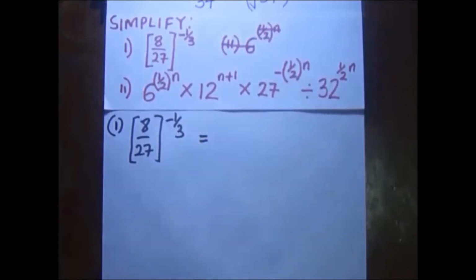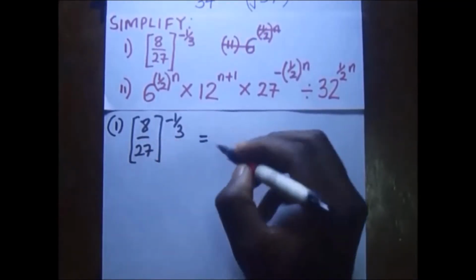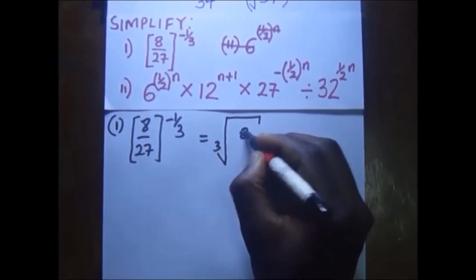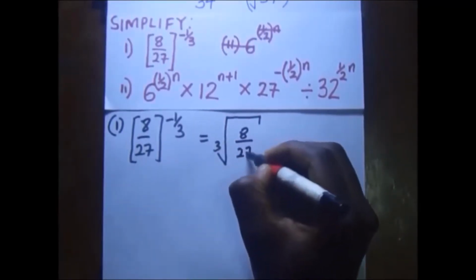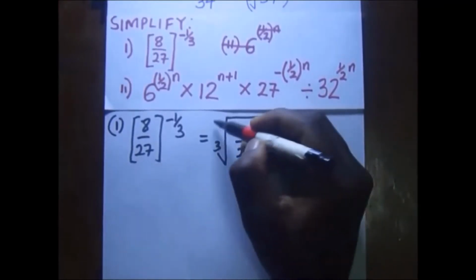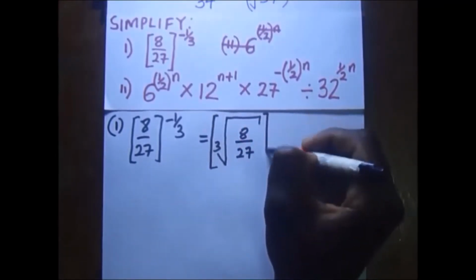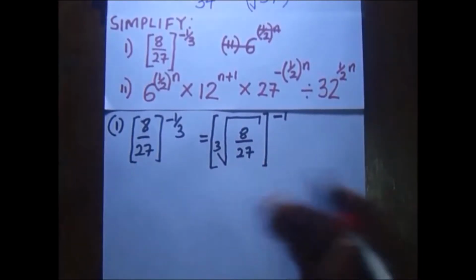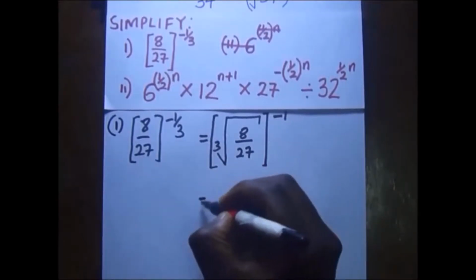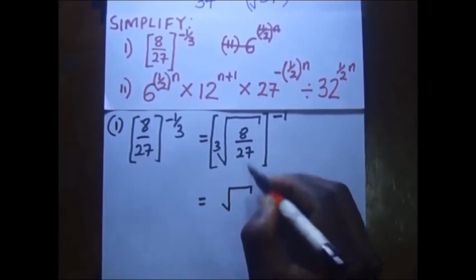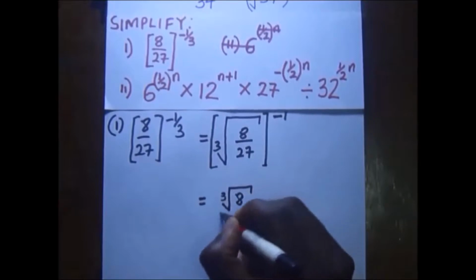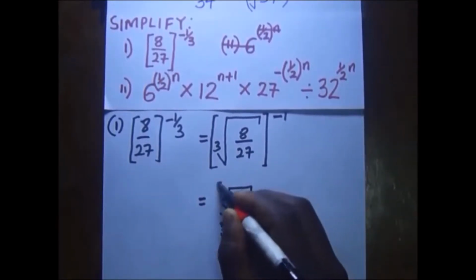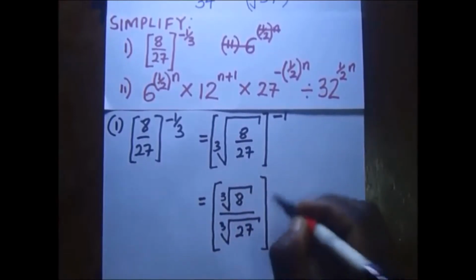Remember, this is the same as saying it is the third root of this whole thing, so it's going to be the third root of 8 over 27, all to the power negative 1. As simple as that. So this is the same as saying the third root of 8 over the third root of 27, all to the power negative 1.